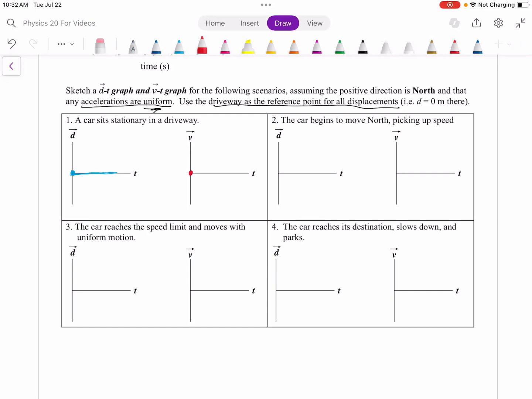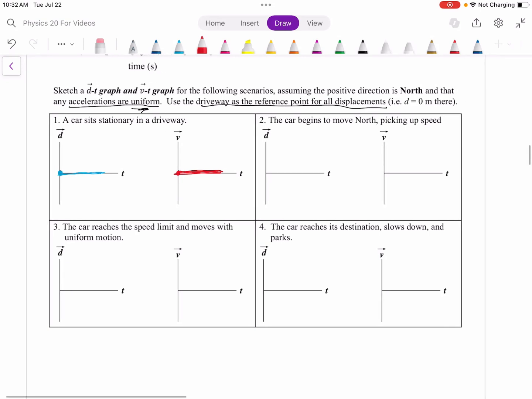And if it's just sitting there as time goes on, well, its velocity will continue to be 0. Whoa, I didn't draw a very good line there, but hopefully you get the right idea. Okay, so that one maybe not the most exciting. Okay, but still interesting. It's showing us as time goes on, it's at a displacement of 0, and it sits there, right? It also has a velocity of 0 because it's not moving, and it just continues to do that for a little bit because it's sitting there.